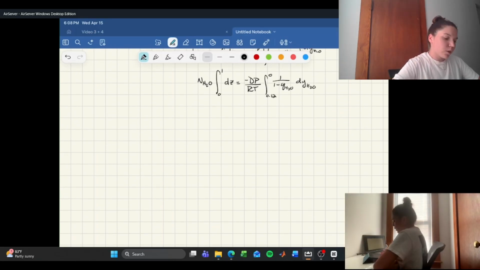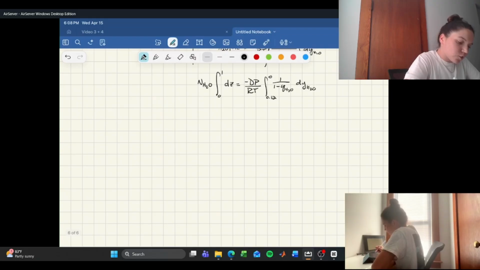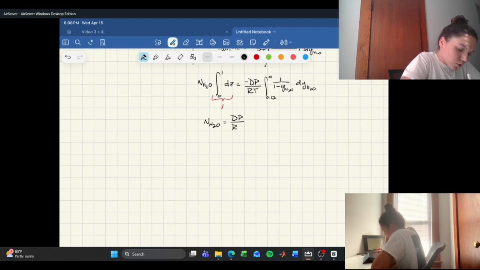So when we integrate this, the first term is going to be 1. So we're going to be left with the flux of the water is equal to DP over RT times the natural log of mole fraction of water minus 1.